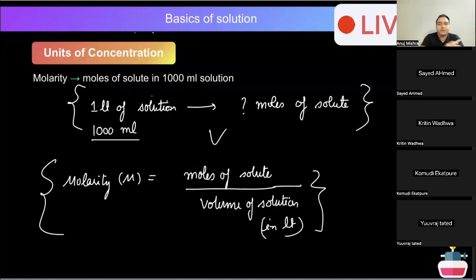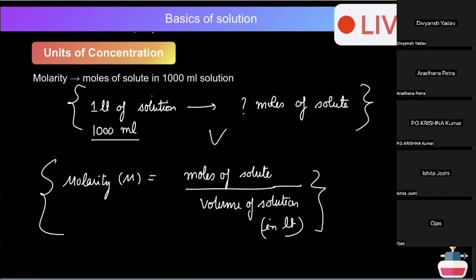This is a better method. So first, please note down this: moles of solute in 1000 ml of solution or 1 liter of solution is known as molarity. Molarity, represented by capital M, is defined as moles of solute upon volume of solution in liter. All of you please note down this line and then we can proceed further.